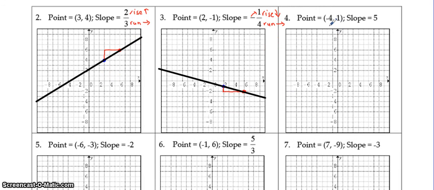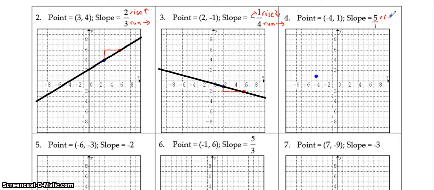All right, last one together. Your point is -4, 1. So that is at -4, 1. And just to remind you, when your slope is just an integer number, it means your run is equal to 1.